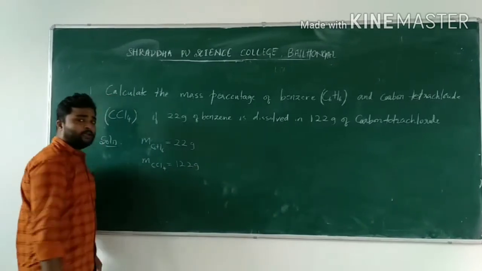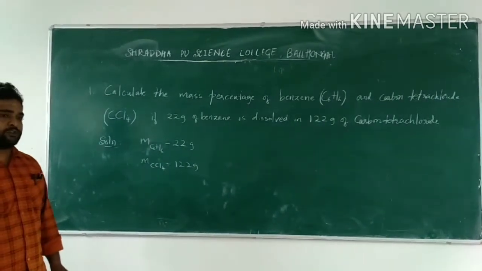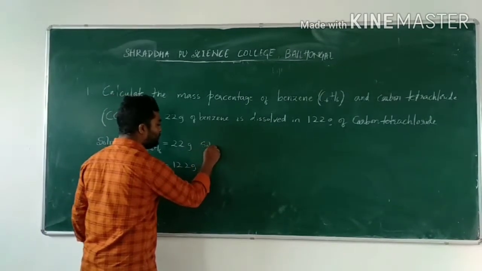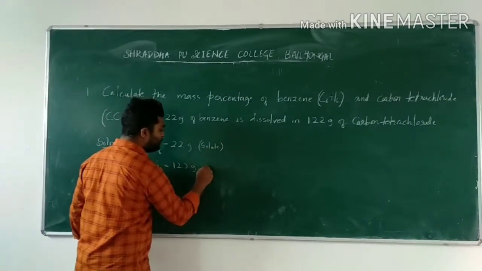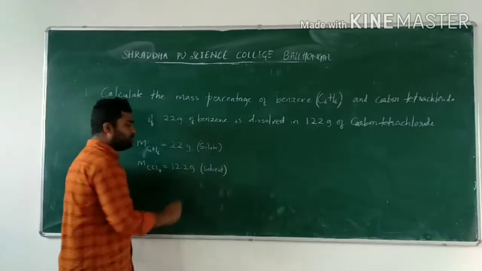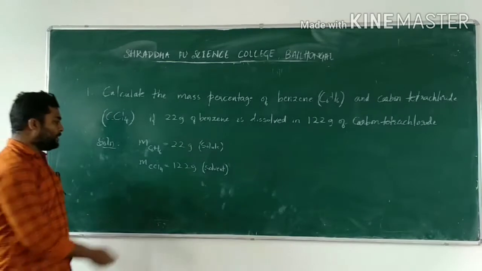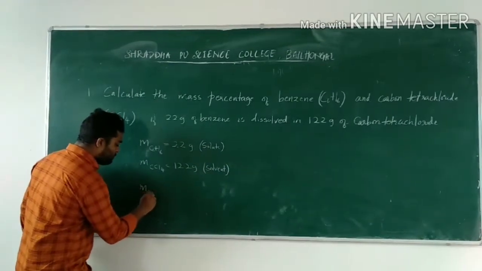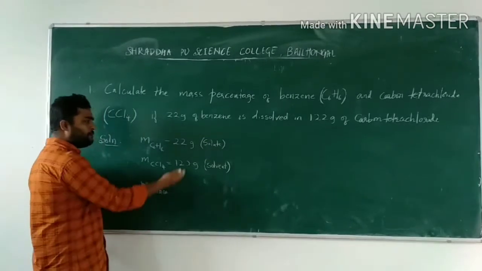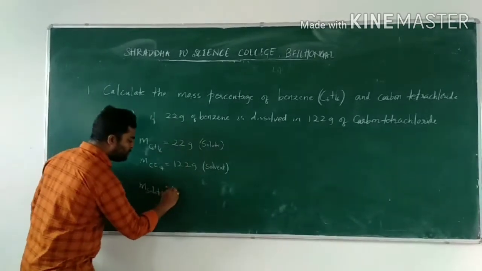Now you tell me among these which is solute and which is solvent based on the quantity. This is your solute, and this is the one which is present in maximum quantity, this is your solvent. So mass of the solution is equal to mass of the solute plus mass of the solvent.